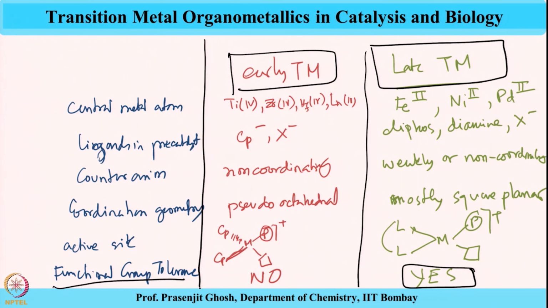With this we come to the conclusion of today's lecture, and in this lecture we complete our discussion on the transition metals in catalysis aspect of this course, where we have seen a lot of important large scale industrial processes that are carried out by organometallic catalysts, right from rapid synthesis, metathesis, polymerization, and so forth.